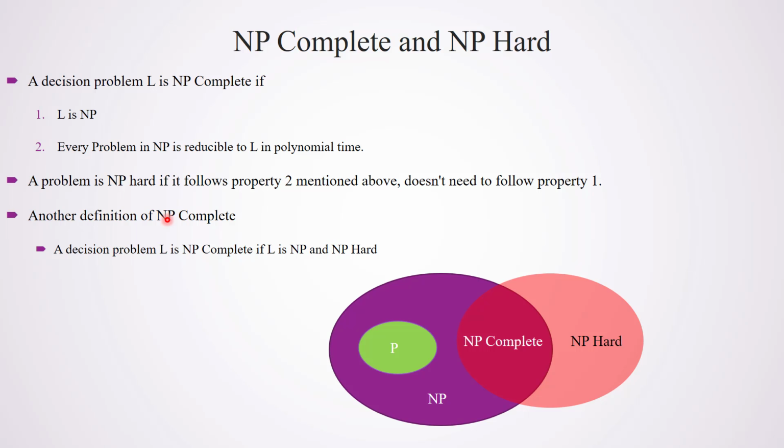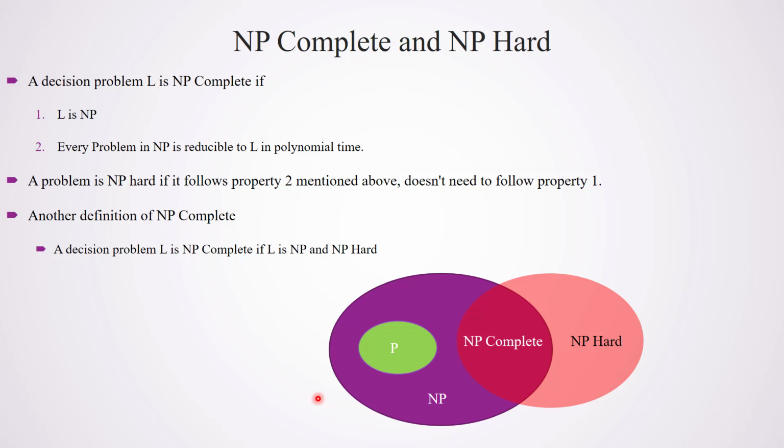Another definition of NP complete: a decision problem is NP complete if L is NP and NP hard. If it follows property 2, we can say NP hard. If it follows properties 1 and 2, where property 1 is that L is NP, and instead of the second statement it is written as NP hard, that is just another definition of an NP complete problem.